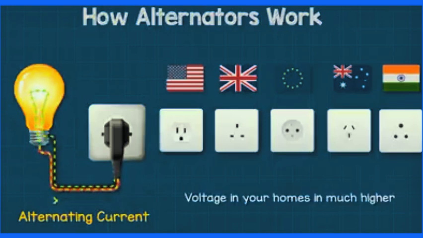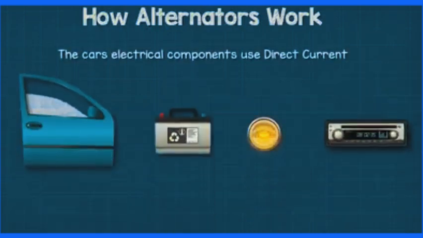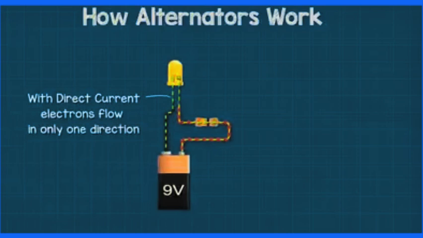However, all the electrical components within the car use another type of electricity known as DC, or direct current. With this type of electricity, the electrons flow in just one direction. This is the same type of electricity which we get from a battery.